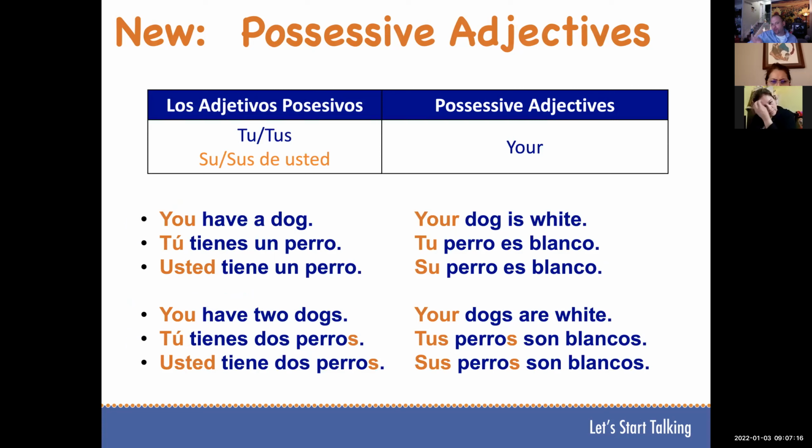Hablando de algo que otra persona tiene en la forma de tú, vamos a usar la palabra your. Fíjense que en inglés your vale para tú, tus o sus de usted también, ¿no? For example, you have a dog, your dog is white. You have two dogs, your dogs are white. Recuerda que en inglés no tenemos la forma de usted, así que todo lo que se dice como usted, se dice como tú en inglés.